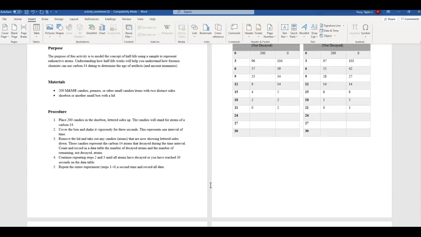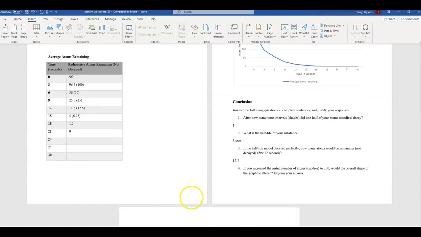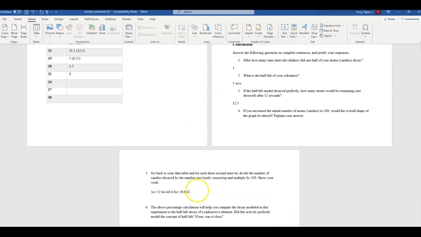Then 12 seconds, 14 divided by 23 times 100.